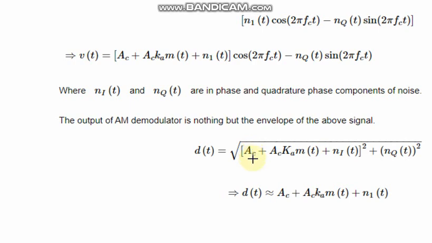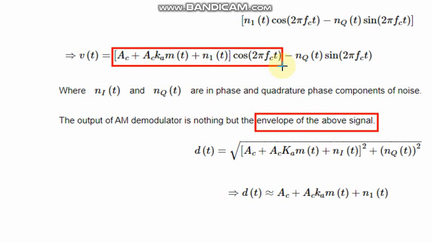The mathematical method of taking the envelope of the AM signal is the square root of the sum of the squares of the first term and the second term. We finally take the square root because mathematically we want the original amplitude, not the squared term.